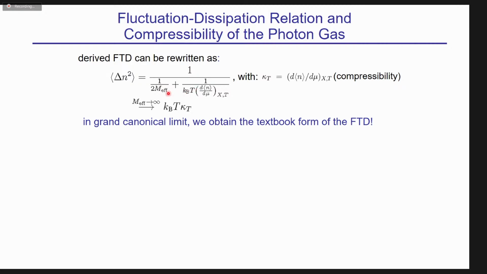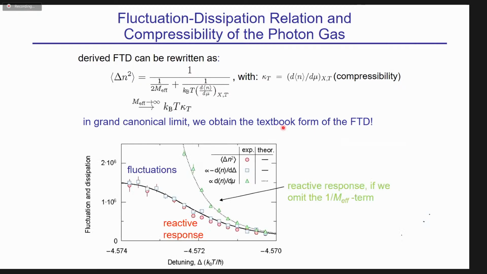If you do that, you see again using the partition function that there is an extra term, which is 1 divided by 2 times the effective reservoir size. In the limit of an infinite size effective reservoir, so in the grand canonical limit, we arrive at the textbook form of the fluctuation dissipation theorem.